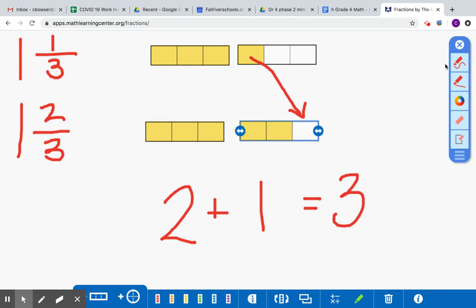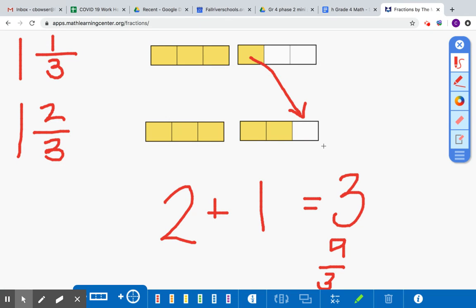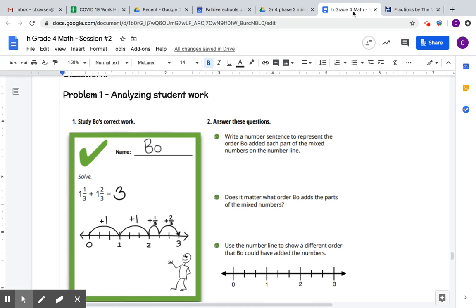So 9/3 I know is also equal to 3. So our job is to analyze the student work. So let's go back and check it out. Bo said that 1 and 1/3 plus 1 and 2/3 is equal to 3. Let's go back and check out our work. Oh, interesting. It seems like we got the same solution.